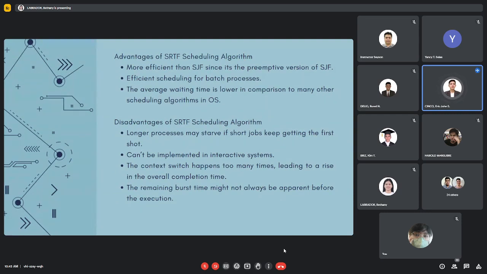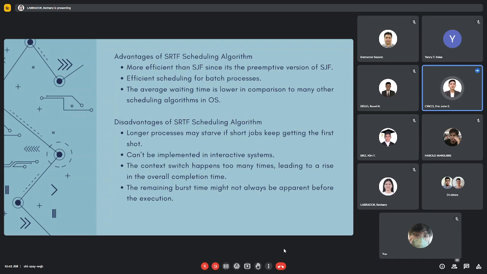Next is efficient scheduling for batch processes. SRTF is particularly efficient for batch processes, where the system is required to execute a large number of jobs, because SRTF schedules processes based on the remaining burst time.